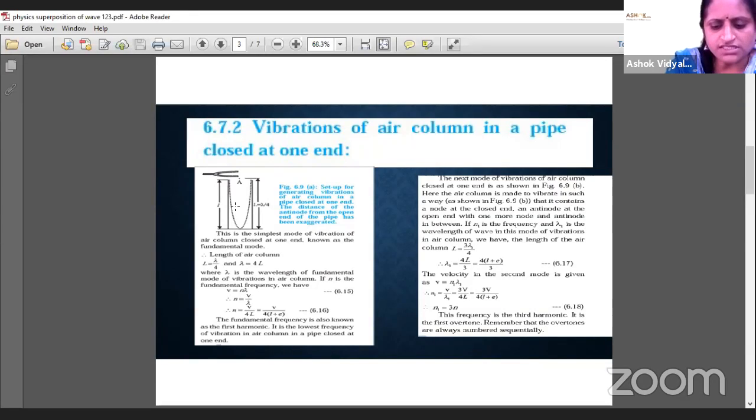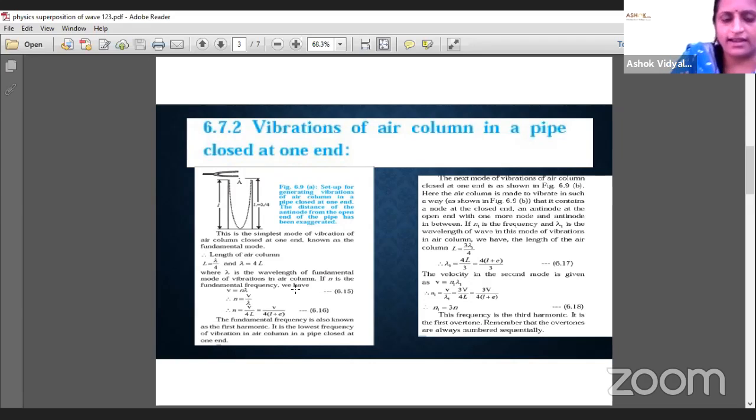Now see here, the first mode of vibration of an air column closed at one end is known as the fundamental mode. That is, the length of the air column L is equal to lambda by 4. Therefore, lambda is equal to 4L, where lambda is the wavelength of the fundamental mode of vibration in the air column and N is the fundamental frequency.